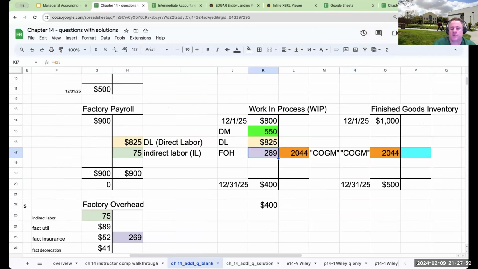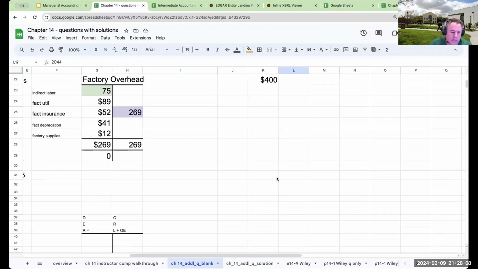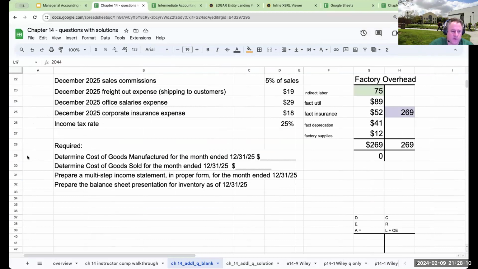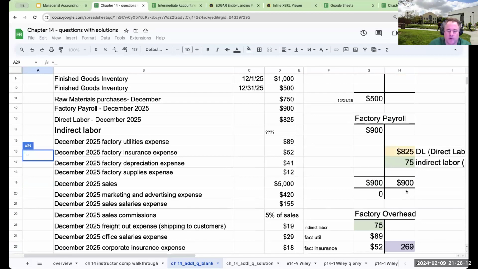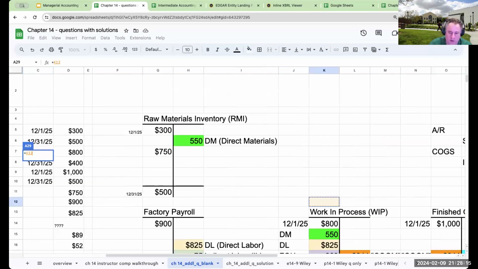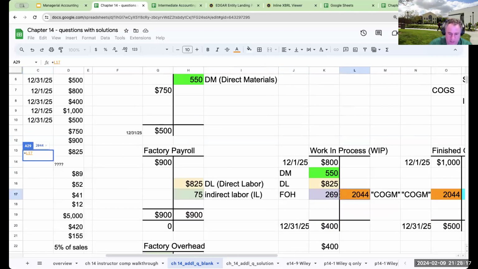So the first answer we got over here, what we sent out of WIP to finished goods, this is our cost of goods manufactured. So coming over here, the first answer to our question, what is our cost of goods manufactured? This is going to be 2044, right? That's what this is right over here.